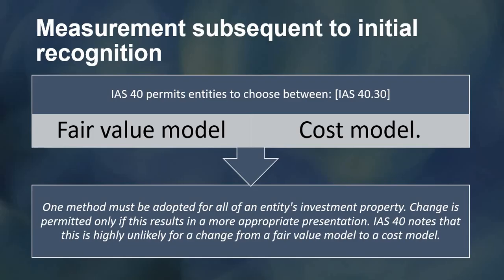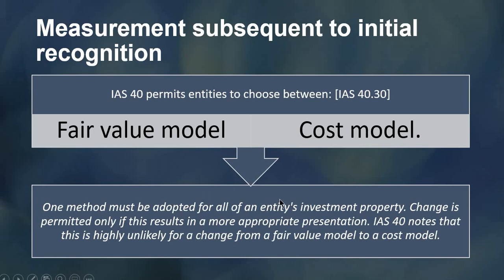On December 31, subsequent to initial measurement, you can measure the property using the fair value model or the cost model. Ayan. Now, IAS 40 requires that one method must be adopted for all of an entity's investment property. So, hindi pwede na yung building mo, nag-fair value model ka, yung land mo, nag-cost model ka, hindi.